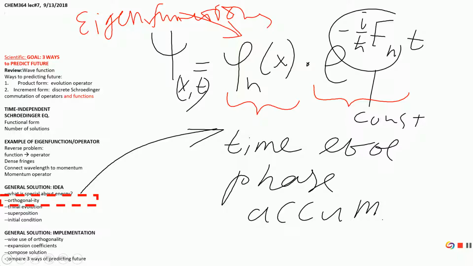So the meaning and importance of the energies from the time-independent Schrödinger equation is that if you are going to predict the future, if you're going to construct the complete solution of the wave function which includes time, then there will be oscillating factors where the pace of these complex oscillations will be directly proportional to the energies.